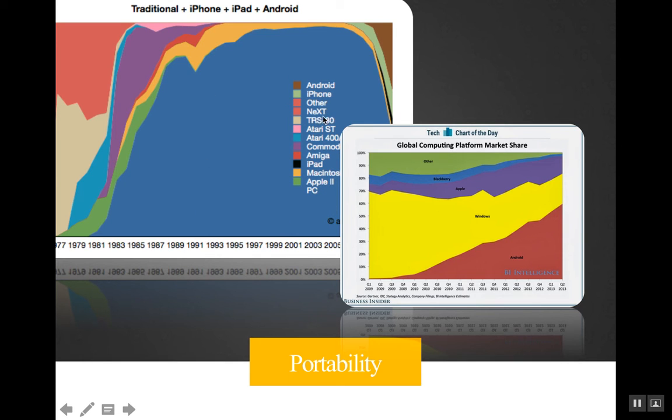Some of these are clearly older technologies, first generation: the Atari ST, Atari 400, Commodore Amiga, and TRS-80 were all very early first generation home computers.